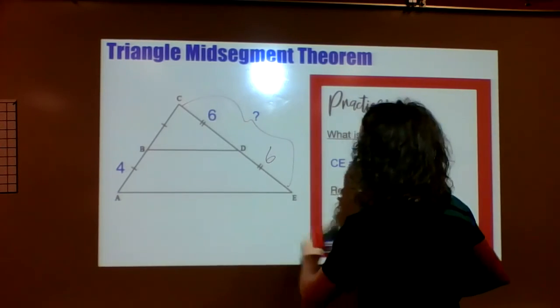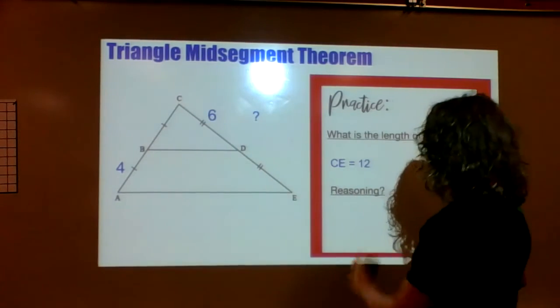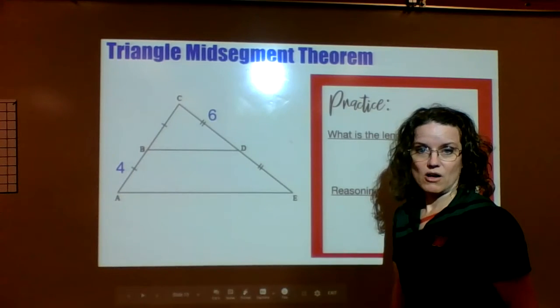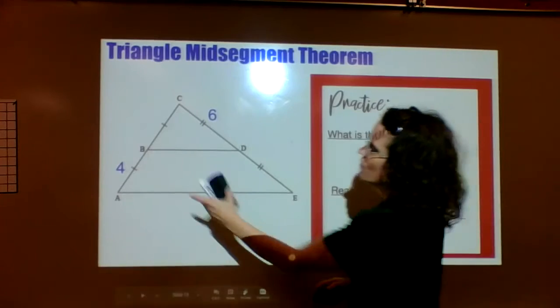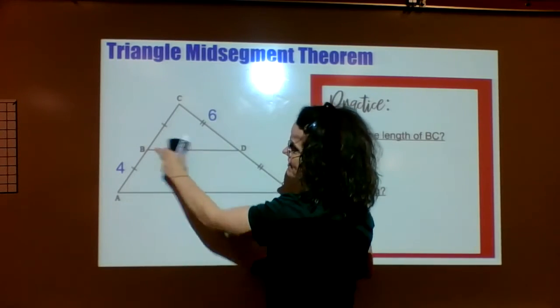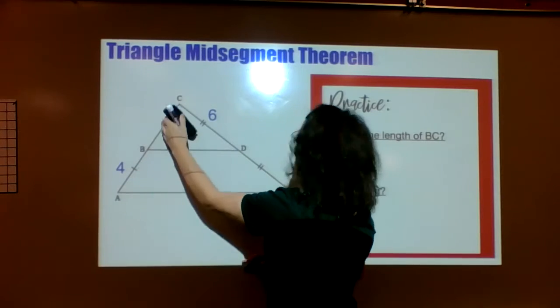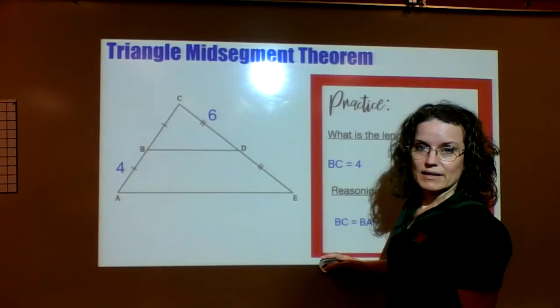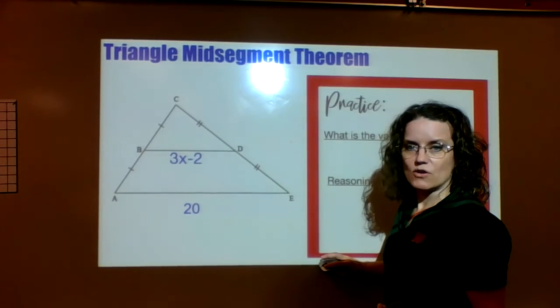Again, that's just using those properties of our midsegment and using our algebra to figure it all out. We can do the same thing. What is the length of BC? Knowing that this is bisected by a midsegment, I can know that BC equals BA, which is 4. So we're just using these properties over and over again.